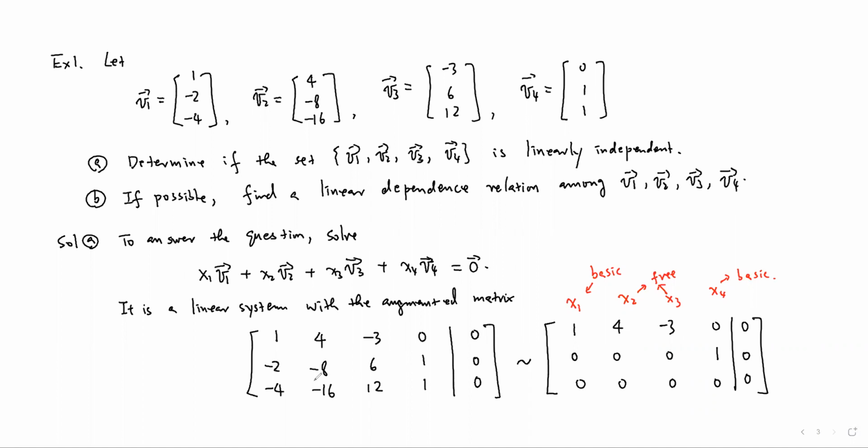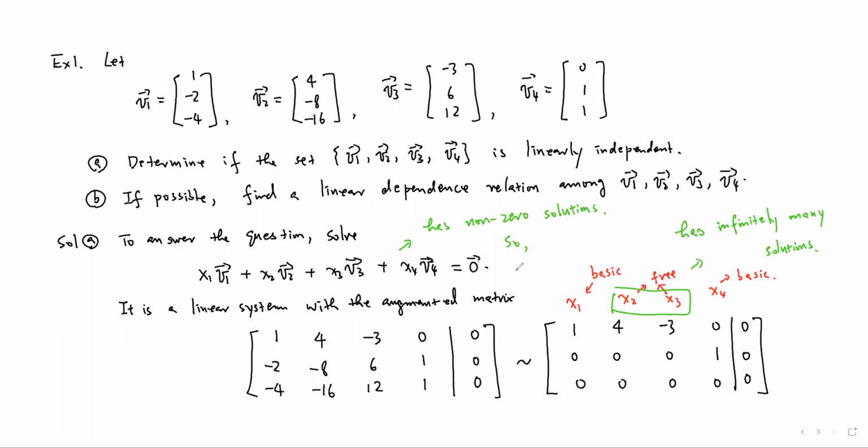Infinitely many solutions, because the linear system has free variables. In other words, the linear system has non-zero solutions. Therefore, this vector equation has non-zero solutions.